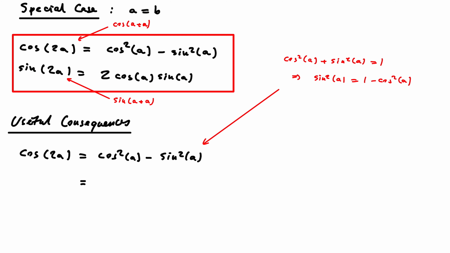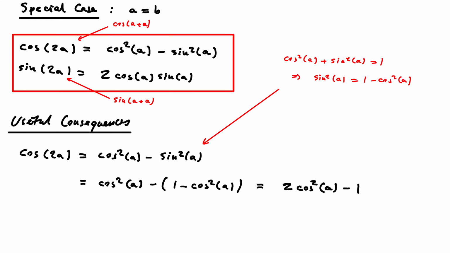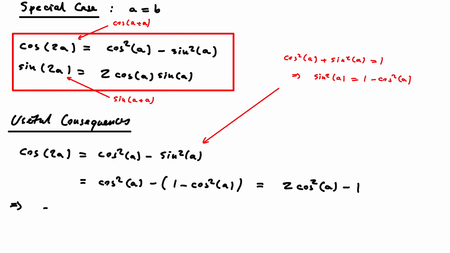So I could write this as cos squared of A minus (1 minus cos squared of A). A bit of a weird thing to do, but let's run with it. So what's this equal to? Doing the algebra carefully, this would be equal to 2 cos squared of A, minus 1. So then I could solve this for cos squared. So cos squared of A is equal to 1 plus cos of 2A, all divided by 2.